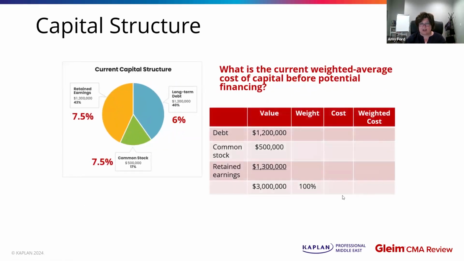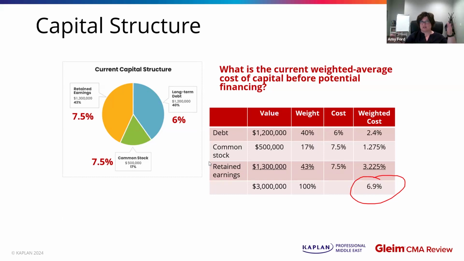This is how I set up every weighted average cost of capital. It's a weighted average, so for those of you who are familiar with a weighted average computation, we need the cost of each of these and the weights of each of these. With the magic of PowerPoint, the weights times the cost gives us our weighted average cost of capital.